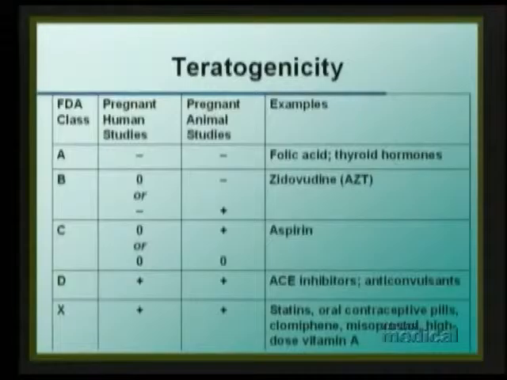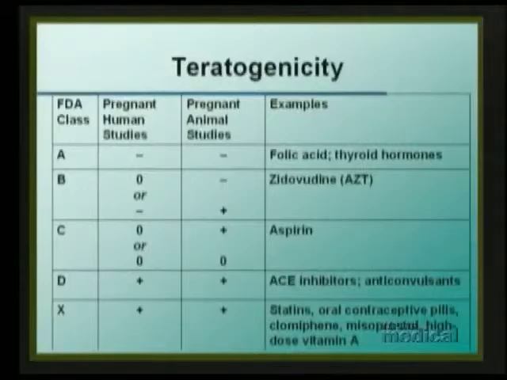For instance, a class B drug is a class of drug where pregnant animal studies have been done and either showed no teratogenicity or showed some, but studies in pregnant humans are lacking or are conflicting with the pregnant animal studies. What should we do then? Well, we try to avoid them during pregnancy if we can, but sometimes we may benefit from such drugs.